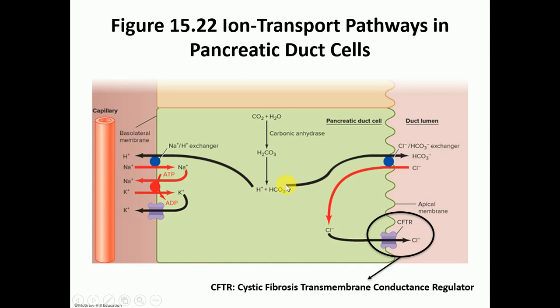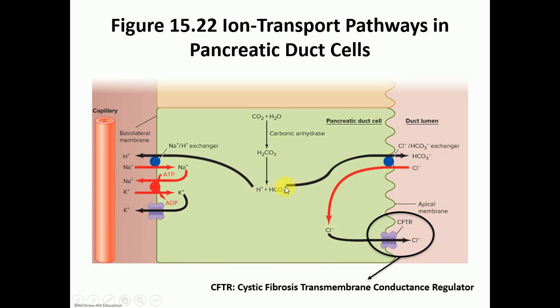In this case, now that we're actually making bicarbonate, this is what we want, but we have to get rid of the hydrogen. So we'll do that through a sodium-hydrogen exchanger. So we have to kick out hydrogen, which is a positive ion, and bring in another positive ion, in this case sodium, and then we'll kick out sodium using the sodium-potassium ATPase pump. And so we'll get rid of sodium, bring in potassium, but potassium has the ability to just diffuse out of the cell.